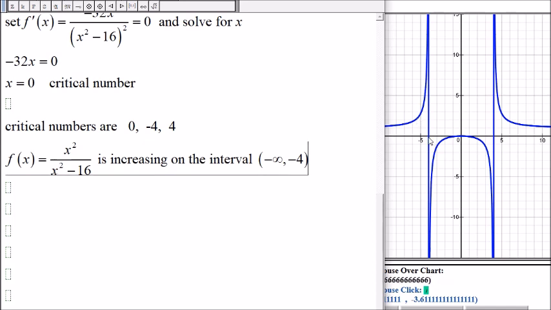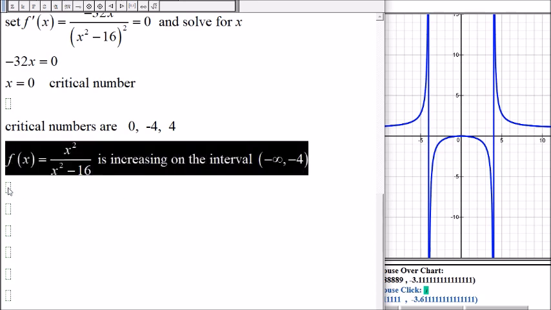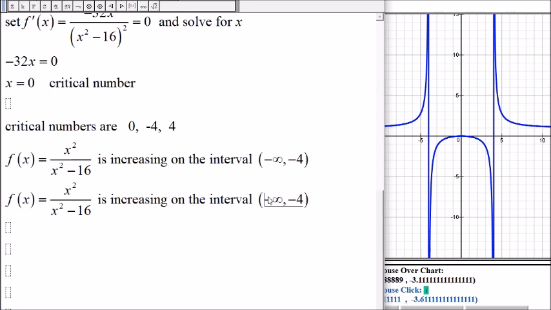And then from negative 4 to 0, the function is also going up, so it's also increasing on the interval from negative 4 to 0.